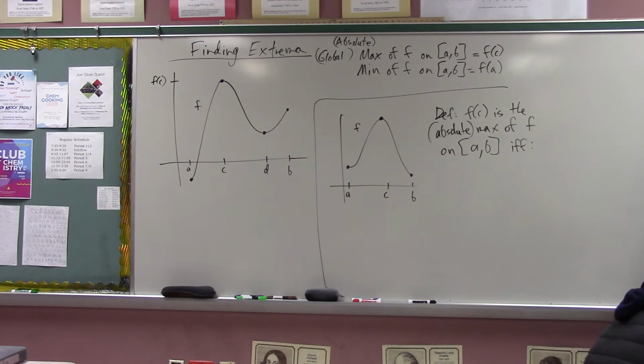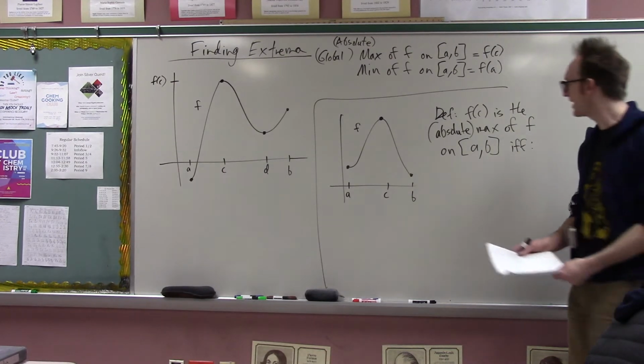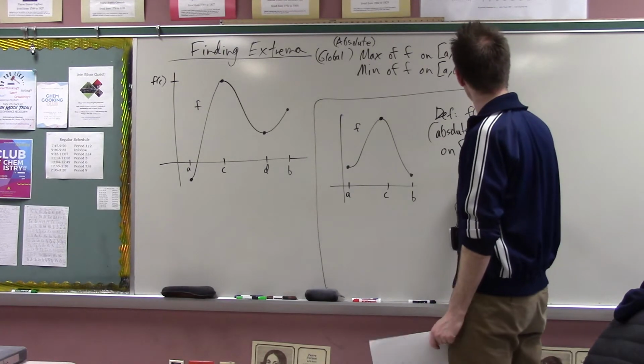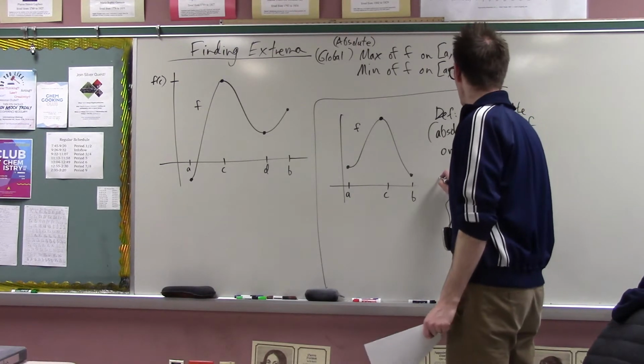Just using common sense, what do we really mean when we say that f of c is the absolute max? Everyone, out loud. For all values of x. It's the biggest one. It's just the biggest y value.